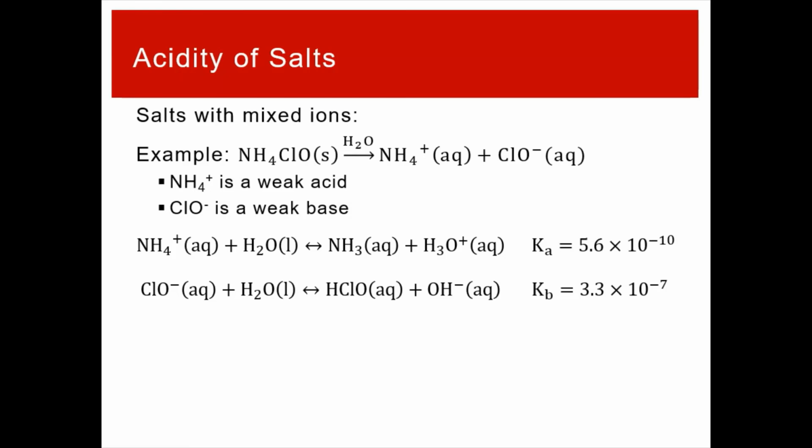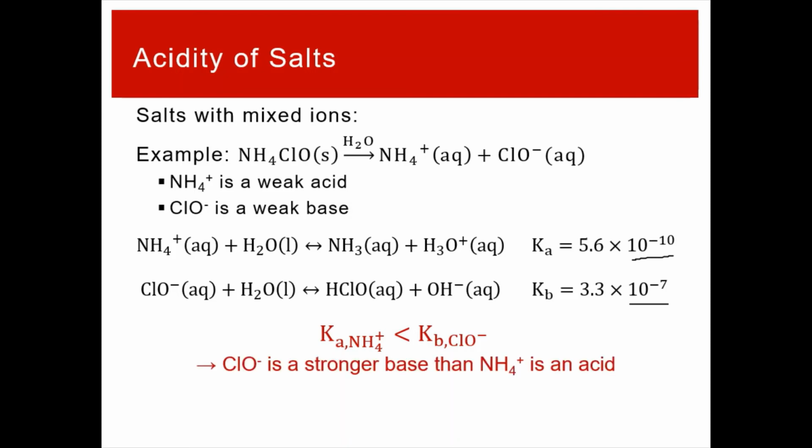We can see the Ka of ammonium, 10 to the negative 10th, and the Kb for hypochlorite, 10 to the negative 7th. Because the Kb of hypochlorite is bigger, that is a better base than NH4 plus is an acid. So it is stronger as a base, meaning that we would expect this overall to be a basic solution, because the base in the solution is stronger than the acid.